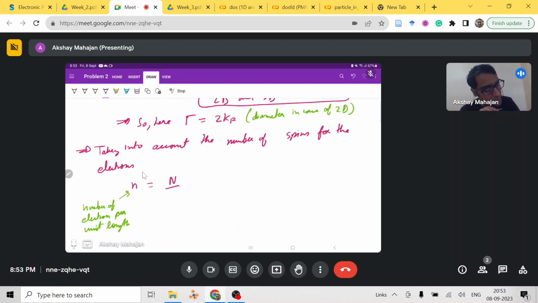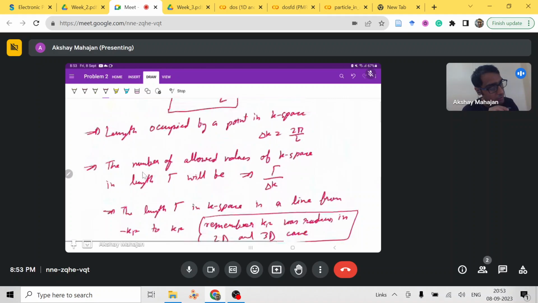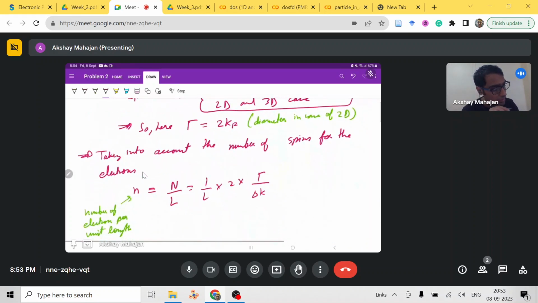That will be equal to capital N divided by our total length L. Now that will be 2 times N by L, the total number of electrons divided by L. That will be equal to 1 by L times 2 times gamma divided by delta k, where the 2 is for the spin, since we have electrons with 2 spins, and gamma divided by delta k gives us the number of allowed k values in this space, and gamma is 2kf here.